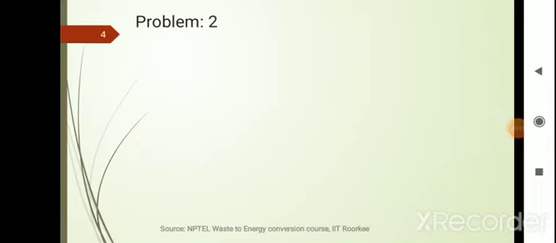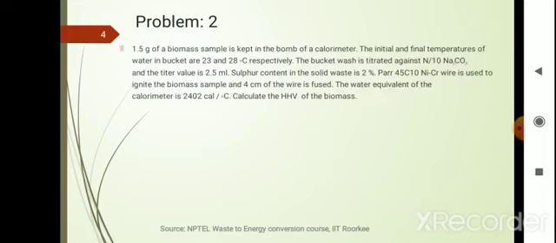Now we are moving to the second problem. Okay, this is our question. 1.5 gram of biomass sample is kept in a bomb calorimeter. The initial and final temperature of water in the bucket are 23 and 28 degrees Celsius respectively. The bucket wash is titrated against N/10 sodium carbonate and the titer value is 2.5 milliliter.